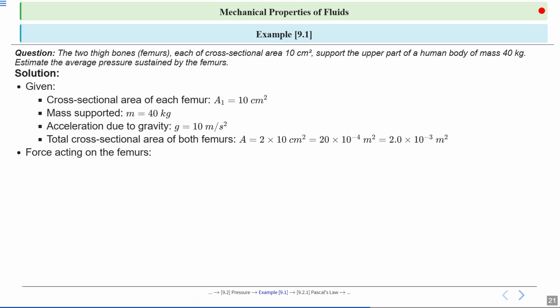Force acting on the femurs, F equal to mg. F equal to 40 × 10, because M equal to 40 kg and g equal to 10 meter per second square. So now that we have the force, we can calculate the pressure. F is equal to 400 Newton.